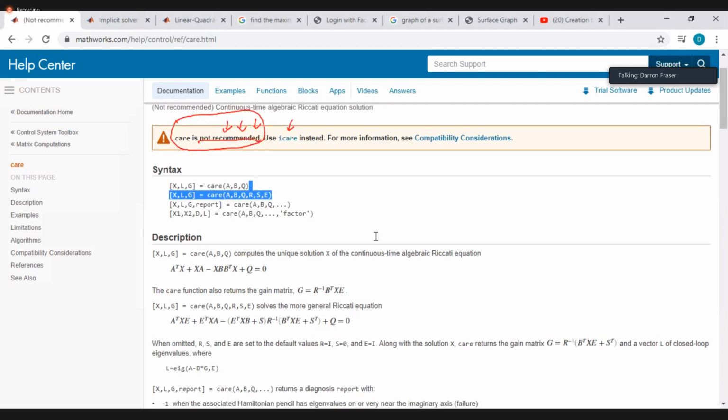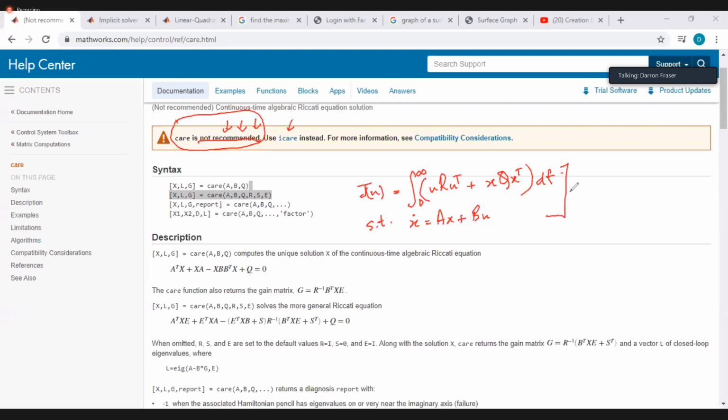The function that we said was J, I'm supposed to have x in there, is the minimization of the energy subject to the constraint that x dot is equal to Ax plus Bu.